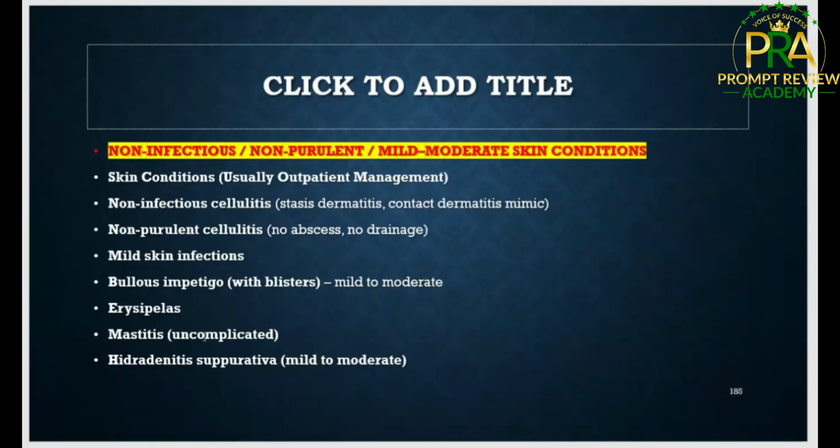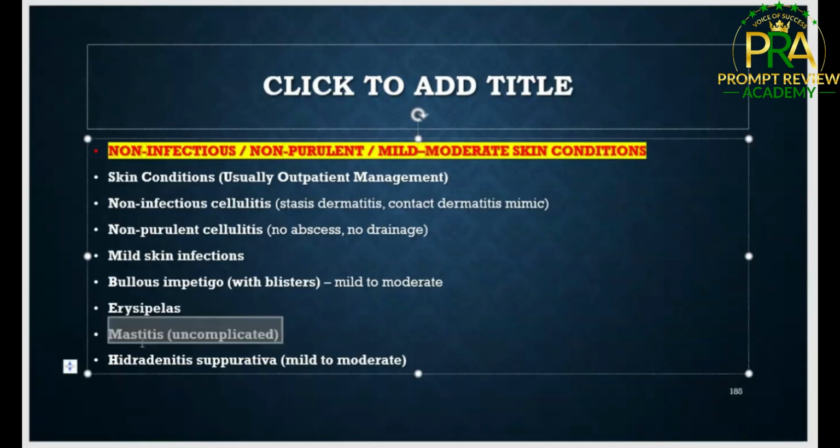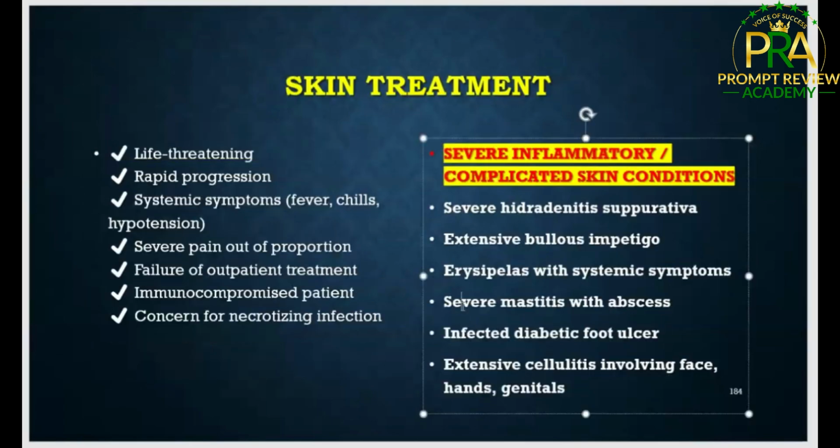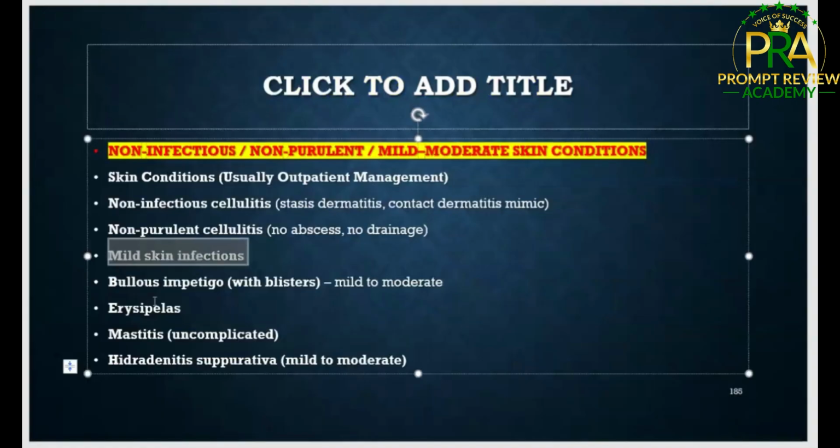Example, mastitis. Remember, uncomplicated. Some of all these things we mentioned are still here, but there it was severe. So don't get my explanation wrong. What I'm saying is mild conditions: mild erysipelas, impetigo, mastitis, hidradenitis suppurativa.